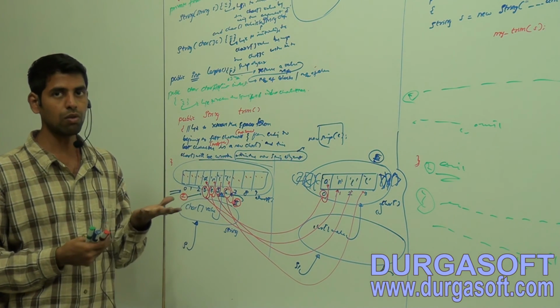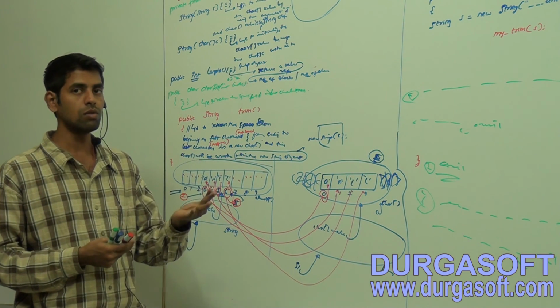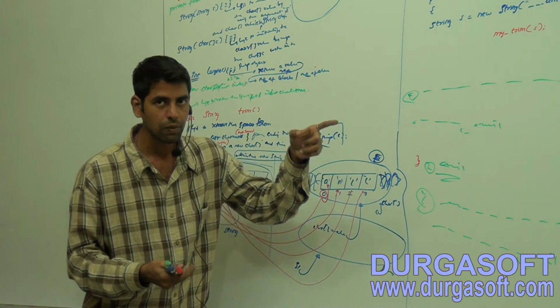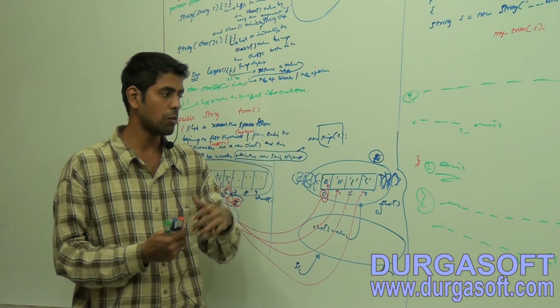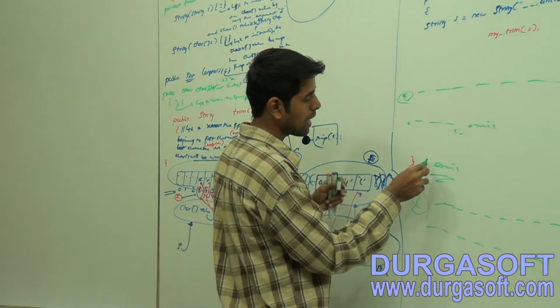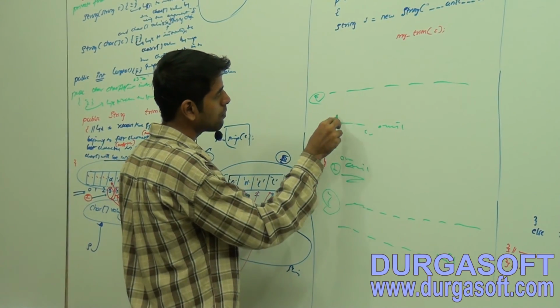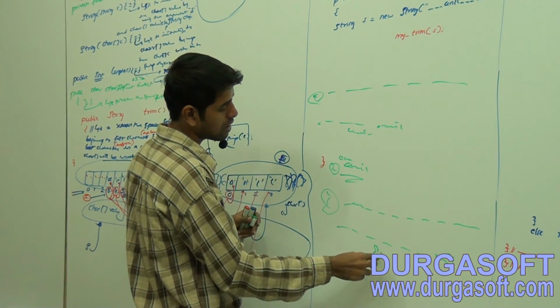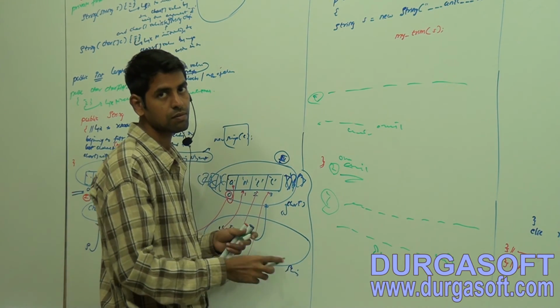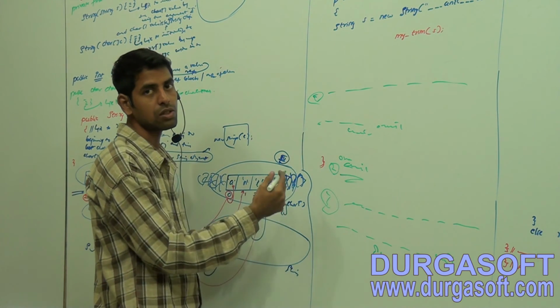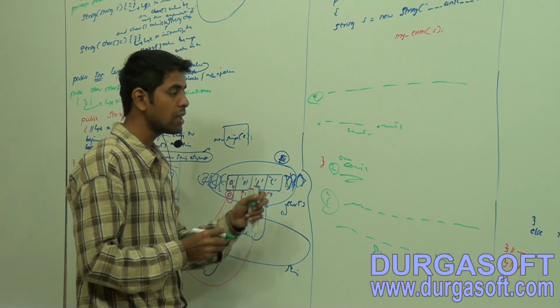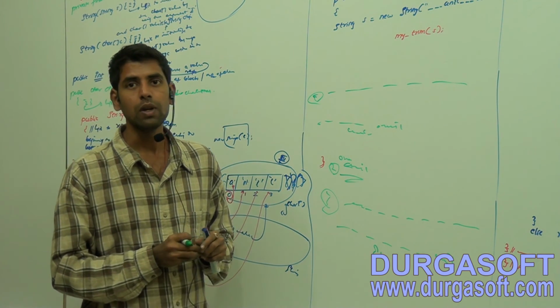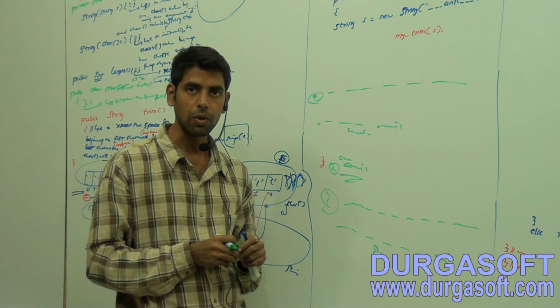Okay, we don't know. So how to convey that information to the JVM? Observe here. You are having 0 spaces here, 100 spaces here, 999 spaces. Here you don't have any spaces, 0 spaces. How to tell this information to our JVM? Simple thing.